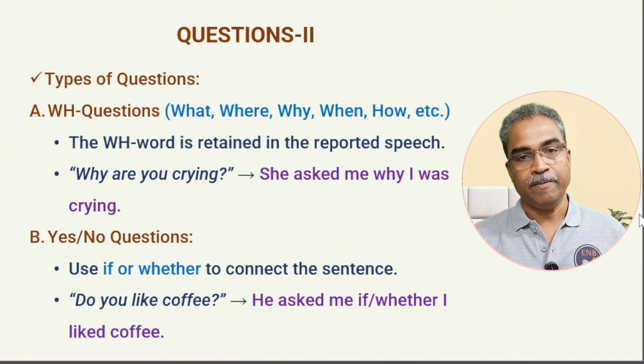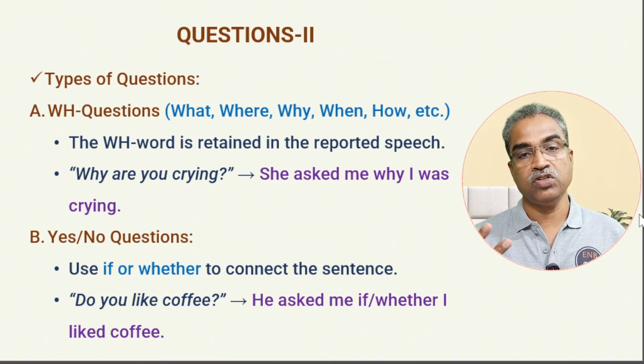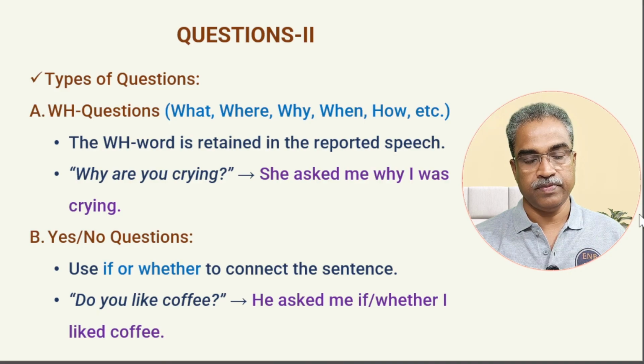Please understand that we have got two types of questions. First is the wh-type questions, the other one is yes/no type questions. And both are done differently. Different rules govern the change from direct to indirect speech. It depends on the type of question.